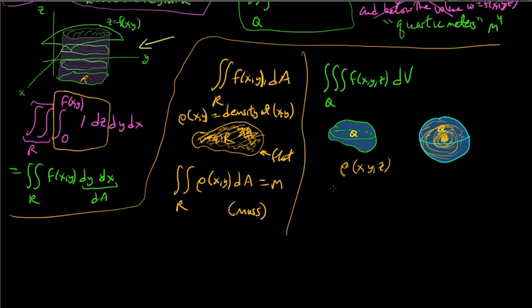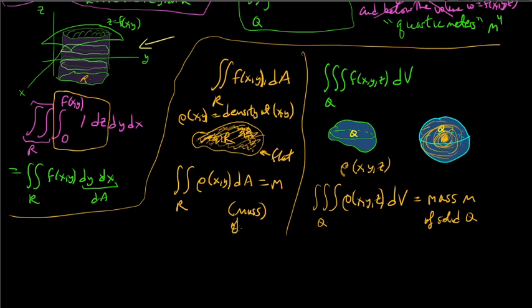If we do a triple integral of that density over the volume, again, we get the mass of the solid Q. Just like there we got the mass of the flat region R, the planar lamina, as the book calls it, which is just a flat surface.